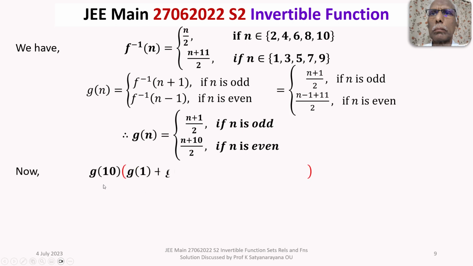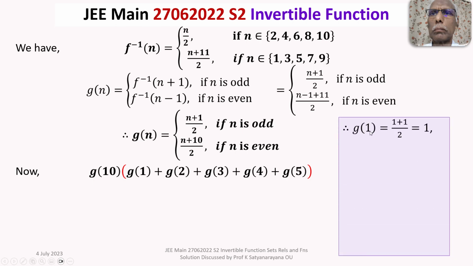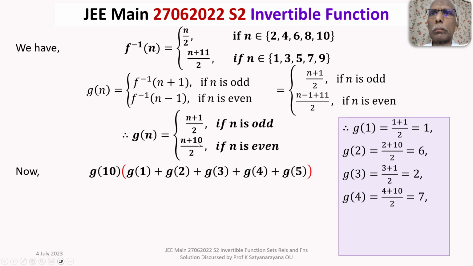So what is it that we want? We want g of 10 multiplied by, in brackets, g of 1 plus g of 2 plus g of 3 plus g of 4 plus g of 5. So g of n is completely known. g of 1 is odd, (1 plus 1) by 2, that is 1. g of 2 is even, (2 plus 10) by 2, that is 6. g of 3 is odd, (3 plus 1) by 2, that is 2. g of 4 is even, (4 plus 10) by 2, that is 7. g of 5 is odd, (5 plus 1) by 2, that is 3.